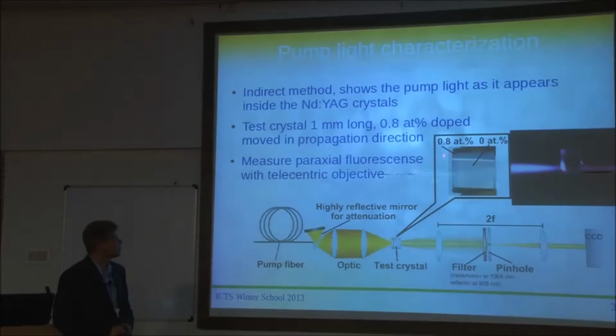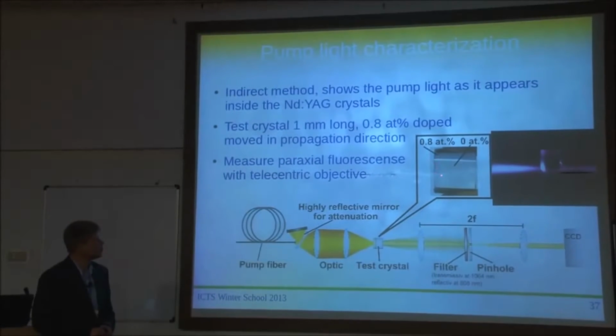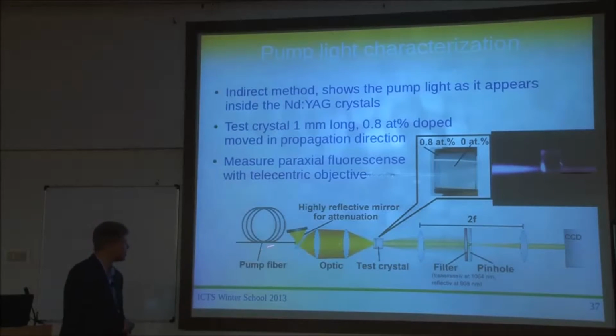And that's a little crystal with a relatively large undoped region, so that's just YAG. And then there's a highly doped thin slice here with a thickness of about a millimeter right in front of it, or actually on the back side of it. What we do is we shine the pump light into this crystal, and then that pump light is absorbed, of course.